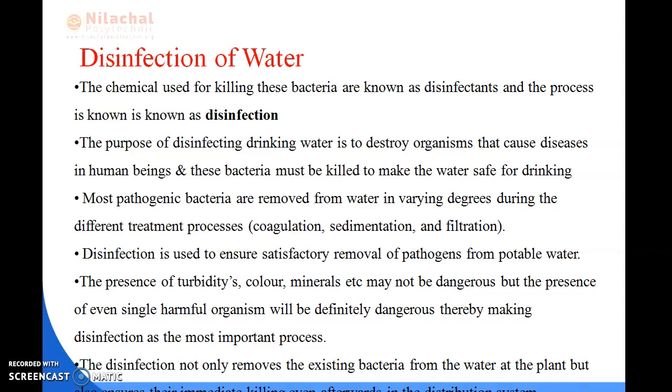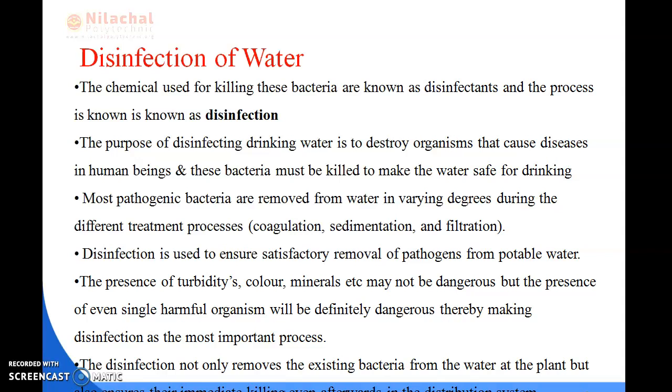The purpose of disinfecting drinking water is to destroy the organisms that cause diseases in human beings, and these bacteria must be killed to make the water safe for drinking.